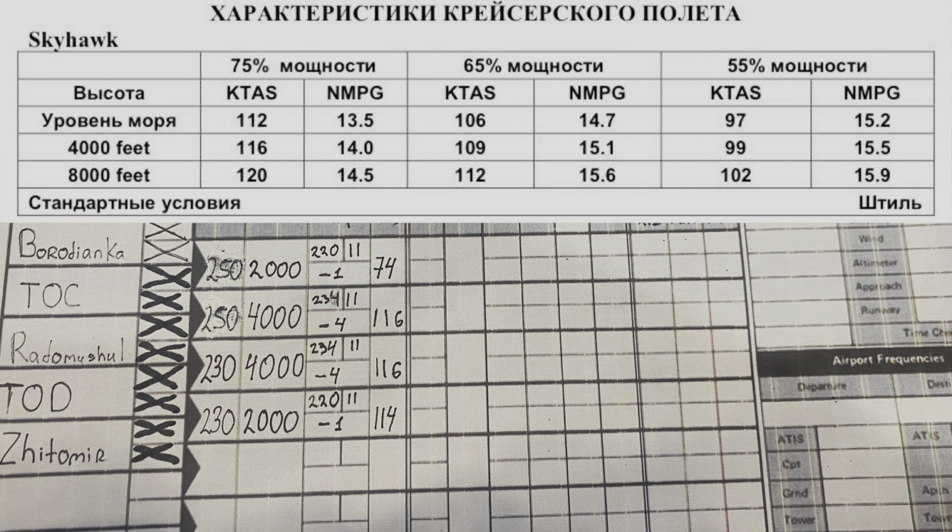For the height 2,000 feet, at 75% power, the speed will be 114 knots.